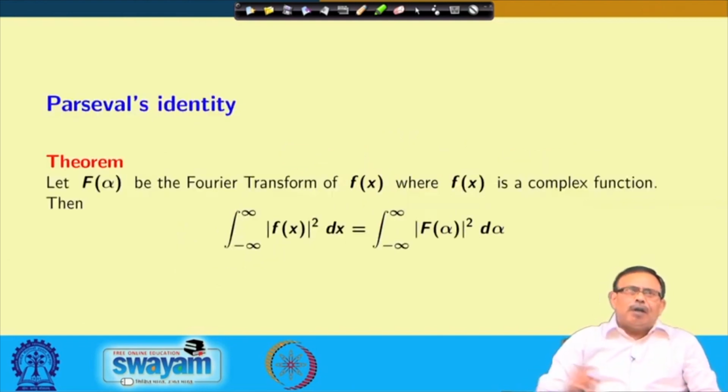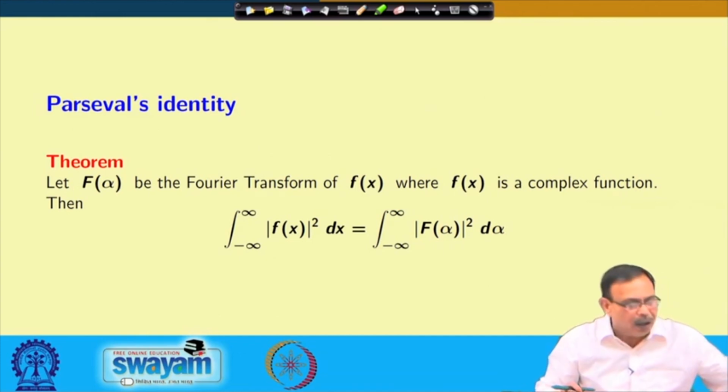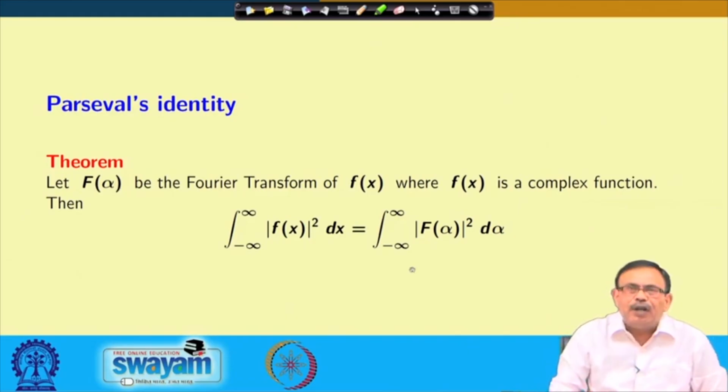Now, let us see Parseval's identity or theorem, whatever you say, the same thing we did for the Laplace transform also. So, if capital F of alpha is the Fourier transform of f(x), where f(x) is a complex function, then the integral from minus infinity to infinity of modulus of f(x) whole square dx will equal the integral from minus infinity to infinity of modulus of capital F(alpha) whole square d alpha, where F(alpha) is nothing but the Fourier transform of f(x).